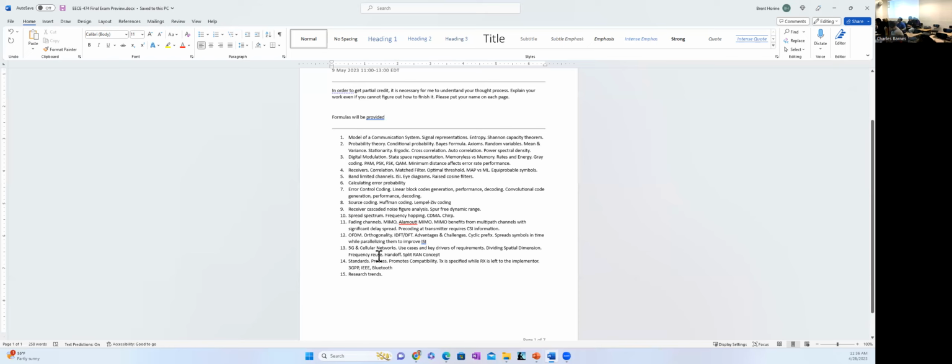And then on Tuesday, we'll talk a little bit about standards, the process to develop standards, and how they promote compatibility. Typically, the transmission waveform is specified, and much of the receiver implementation is left to the innovation of the various companies that are developing radios.